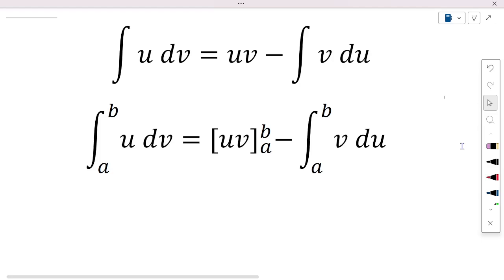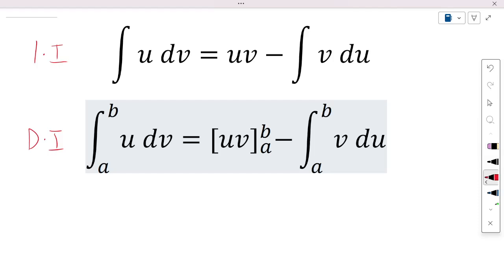Okay, so here is the formula for integration by parts. First of all, let's explain what's going on here. This is an indefinite integral, right? And then this is a definite integral. That is the difference between the two, because you can clearly see that this has an upper and lower limit.